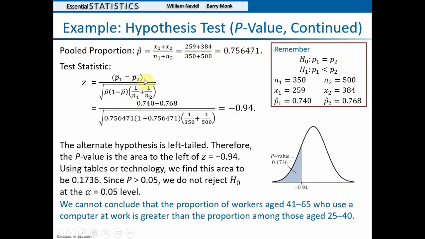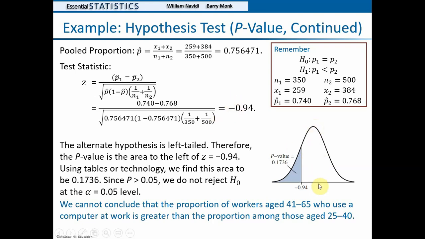The test statistic is based on our P1 hat sample, our P2 hat sample, and then there again is based on our pooled proportion. The P1 hat was 0.740, P2 hat 0.768, gives us a negative value, and then there's our pooled p-hat times 1 minus p-hat, times 1 over n1 plus 1 over n2. And if we're careful, we'll come out with a z-score of negative 0.94.